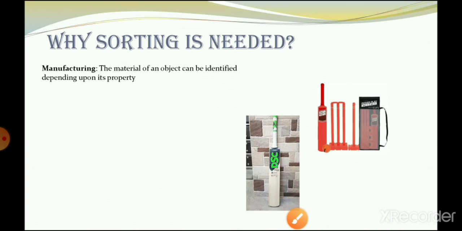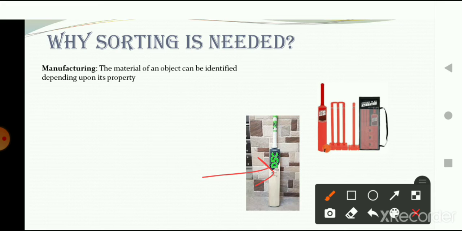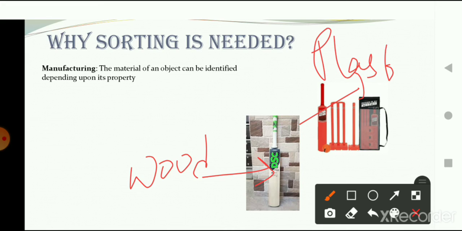What are the materials that you can use? Either you can make a bat from a wooden block with the use of wood, or you can use plastic. So these are the only two things that you can use to make a bat. You cannot make a bat with other materials.